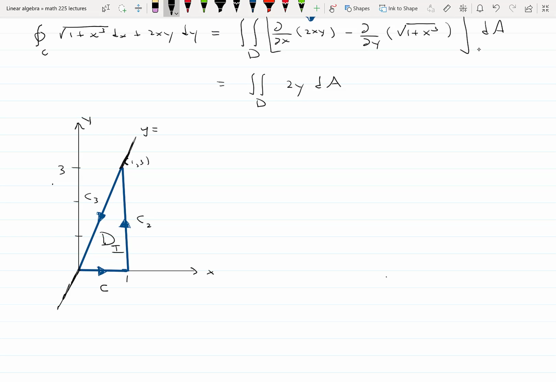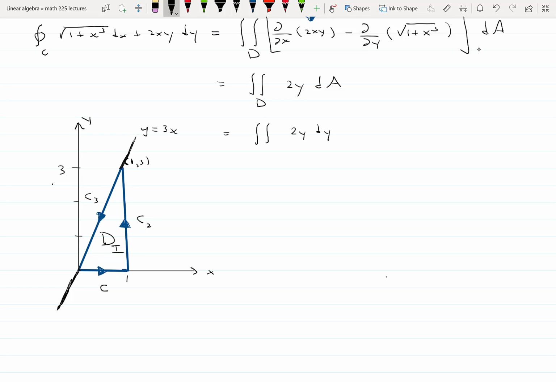It goes through the points (0, 0) and (1, 3). If it goes through (0, 0), it has a y-intercept of 0. If it goes through the point (1, 3), that means if x equals 1, y equals 3. So it has a slope of 3. That's super simple. So this becomes the iterated integral, interpreting it as a type 1 region.